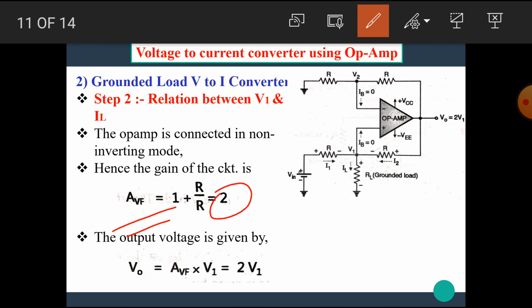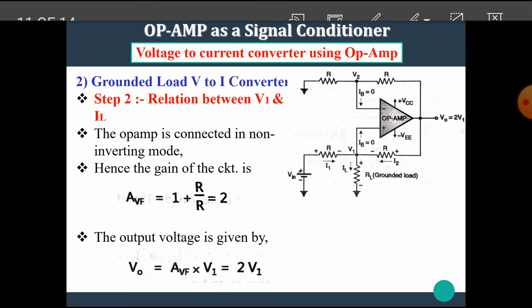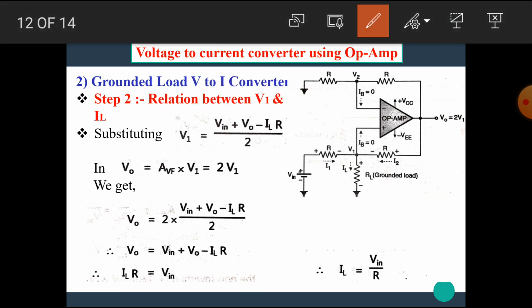Hence the output voltage is given by V0 is equal to AVF into V1, that is twice V1. That means the output voltage is twice V1 because the gain has value 2. I hope you all understand this. Now let's substitute V1 is equal to (Vin plus V0 minus ILR) upon 2 in the equation V0 is equal to twice V1.